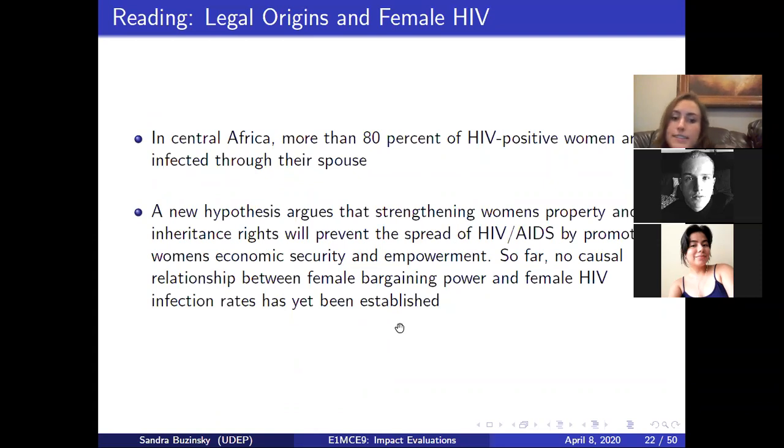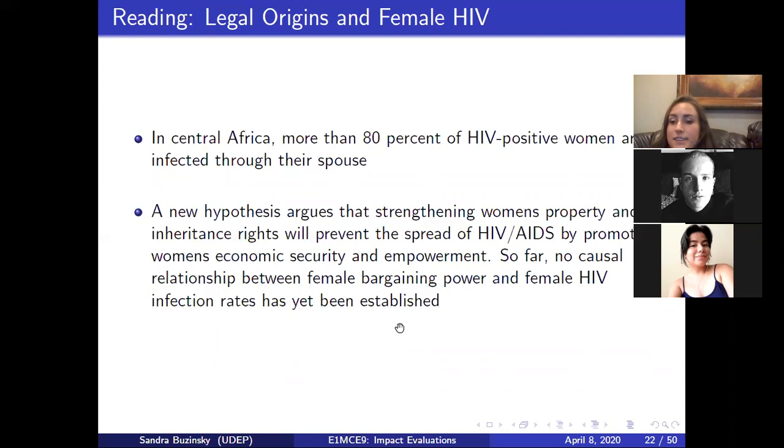So there's a new hypothesis that says maybe if we strengthen women's property and inheritance rights, that will prevent the spread of HIV and AIDS by giving women more economic independence, security, and empowerment in general. If a woman has more control of her finances and assets, then maybe she has more control of a relationship that she's in as well.